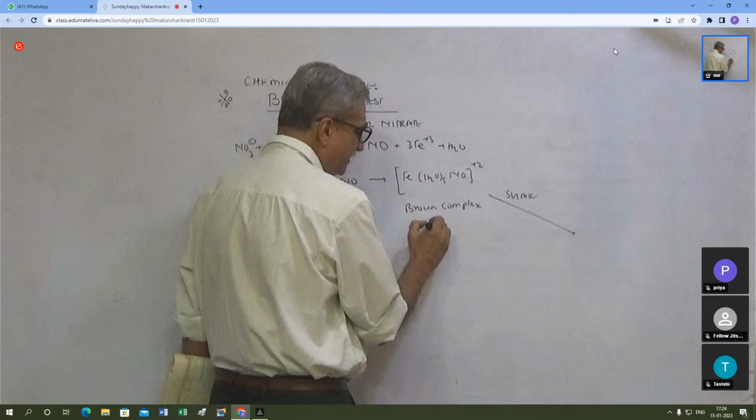When you shake it, there is a transference of electron, and NO becomes NO plus an electron. So now this still remains Fe(H2O)5NO, and you will have the charge on Fe to be equal to plus.